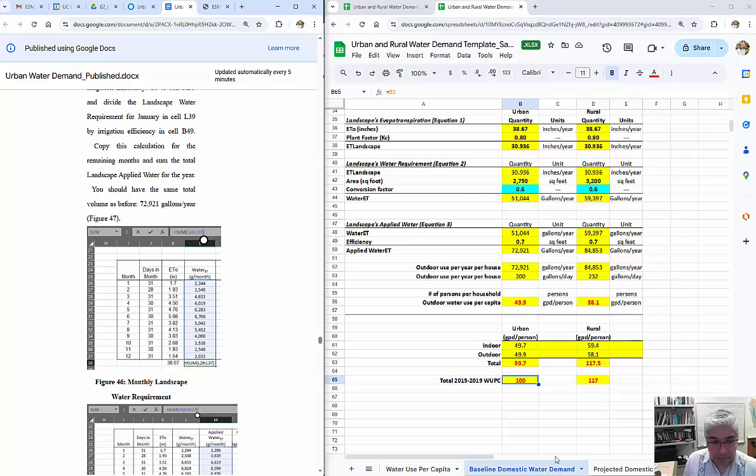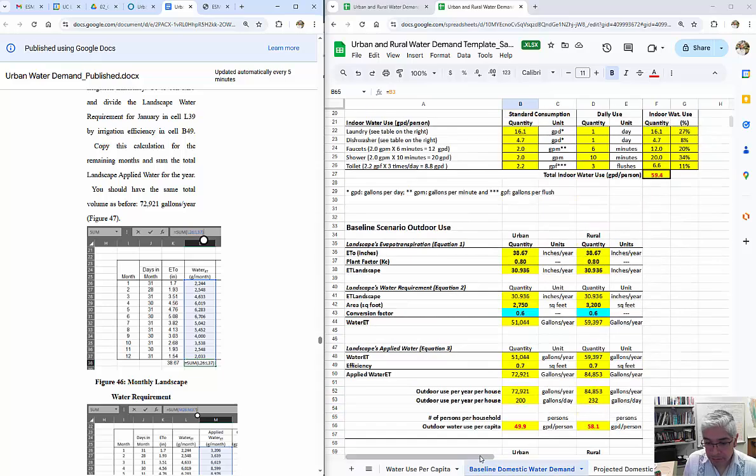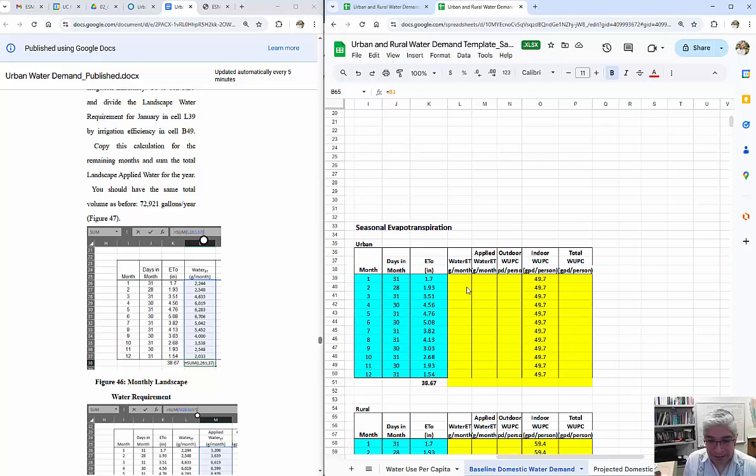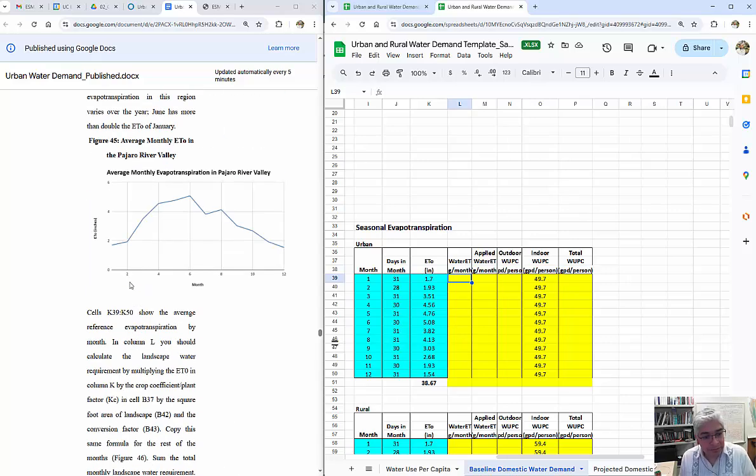Now, here it wants us to estimate the monthly water use, because basically what you're gonna see is that the reference evapotranspiration changes depending on the month. So our water use will not be exactly the same.